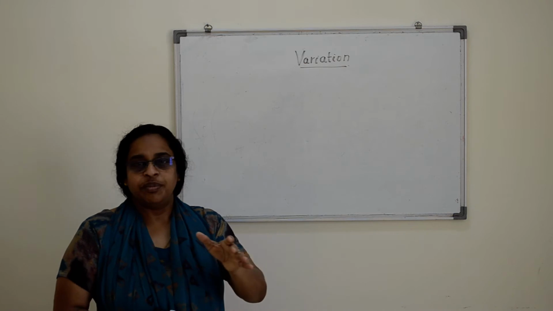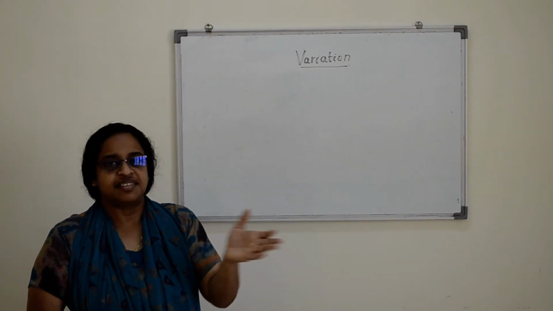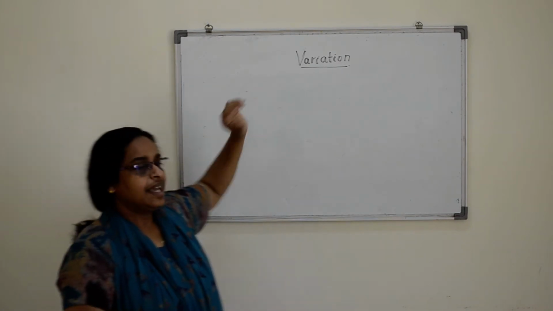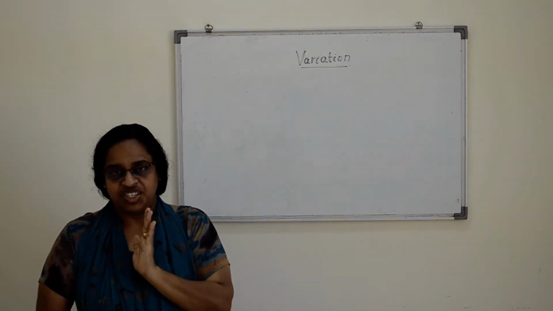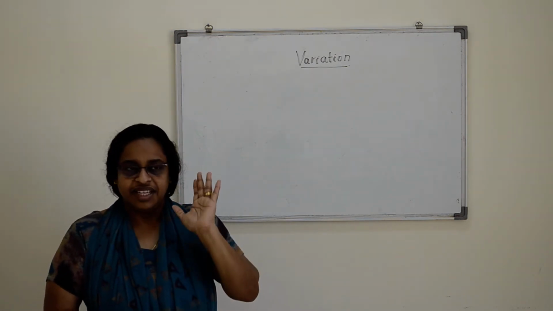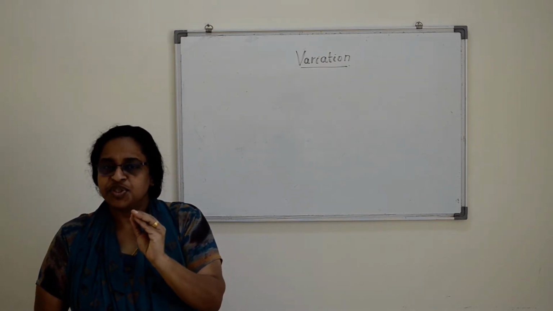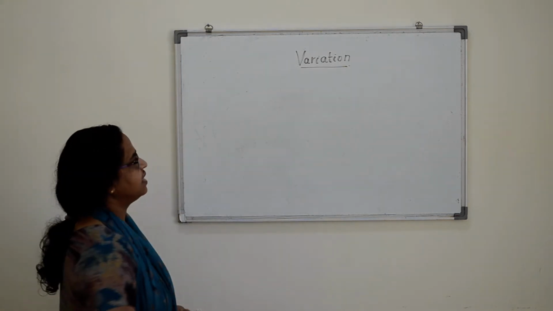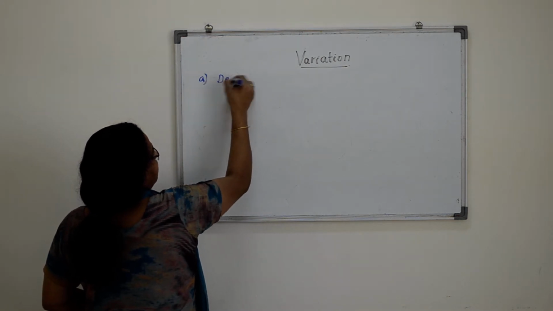Even within the same family, there are a lot of differences between siblings, between your sister and brother, is it? So these differences in organisms belonging to the same species, we call it variation. That is the definition of variation.